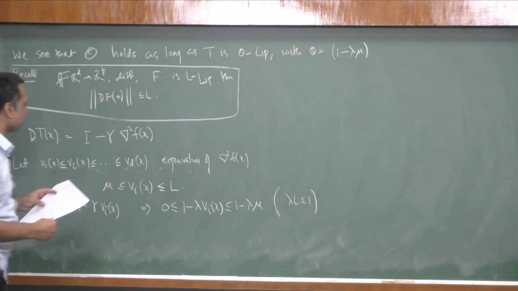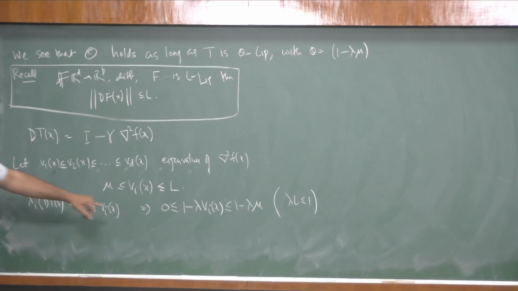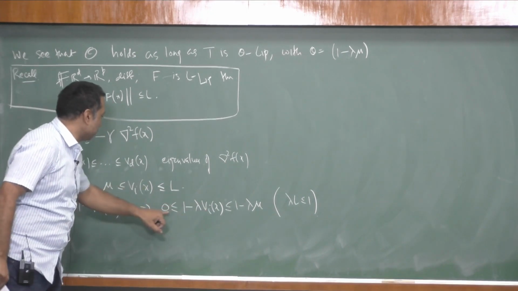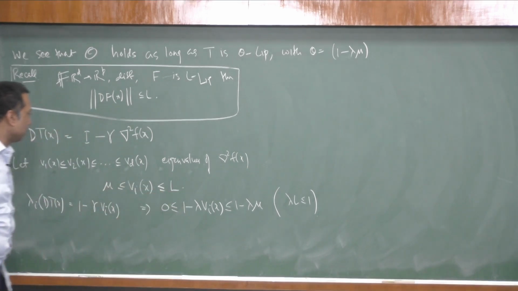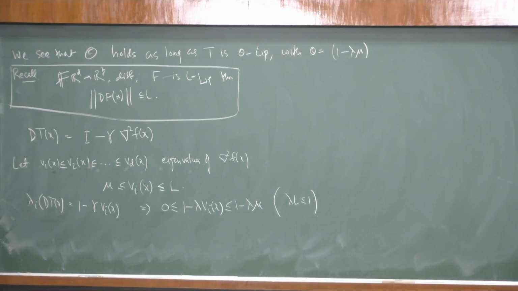Okay. So with all this, we can show that 1 minus gamma vi will lie between 0 and 1 minus gamma mu. From here, what do we get? If we look into the fixed point iteration and so on, right?